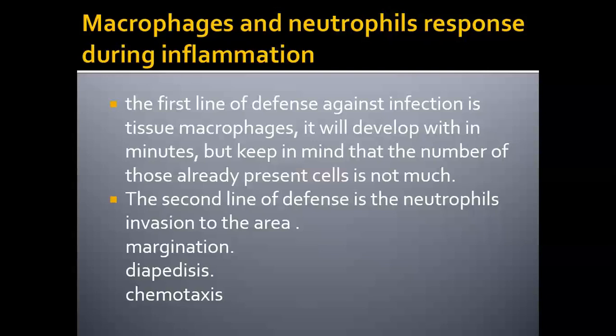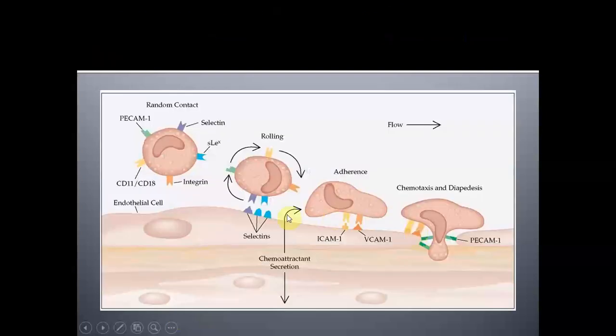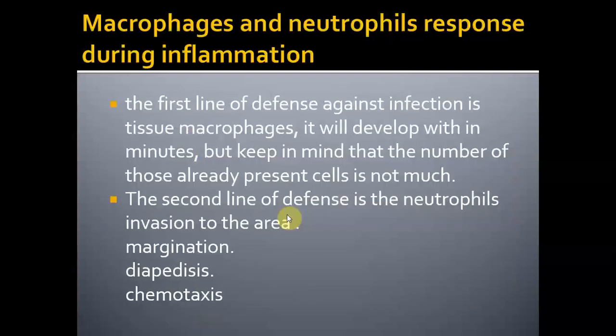Who comes after them? The second line of defense will be what? The neutrophils. The neutrophils that are already present in the blood are going to get outside from the blood to the site of tissue injury, and as we said, the process where they leave the blood vessel, we call it diapedesis, and they crawl by amoeboid movement, and they are attracted to the area of inflammation or injury by what?